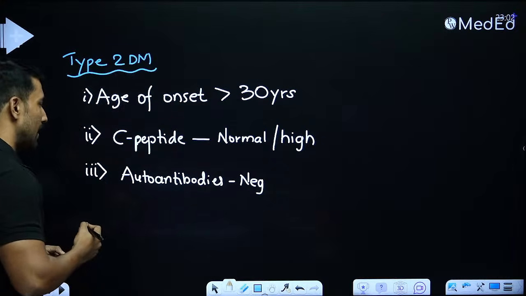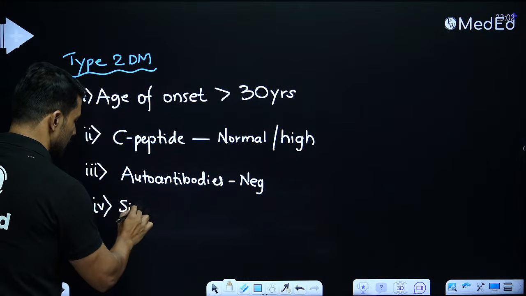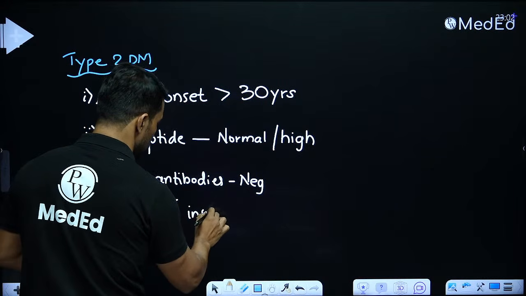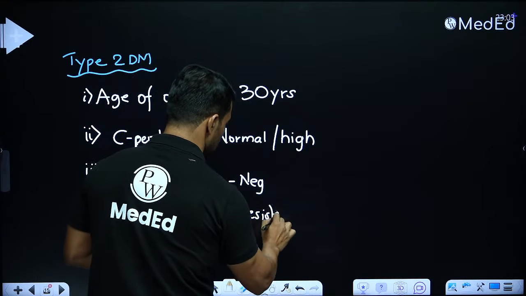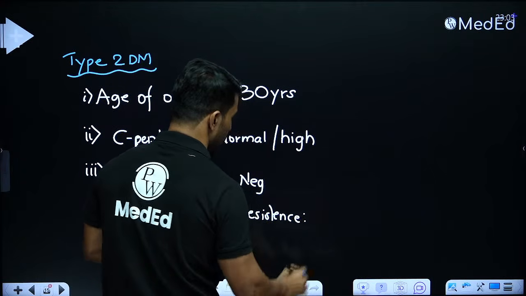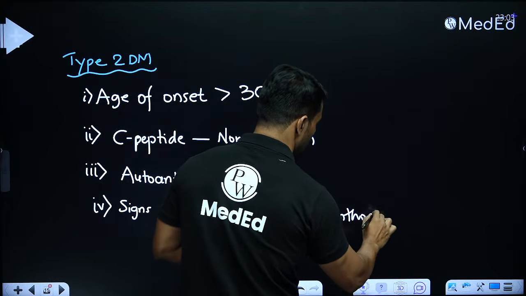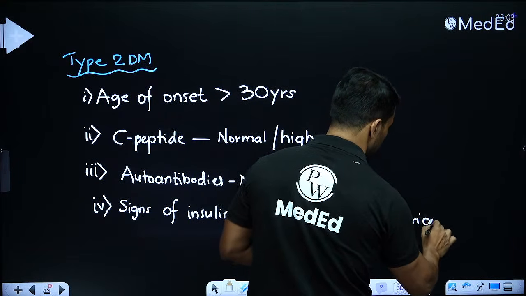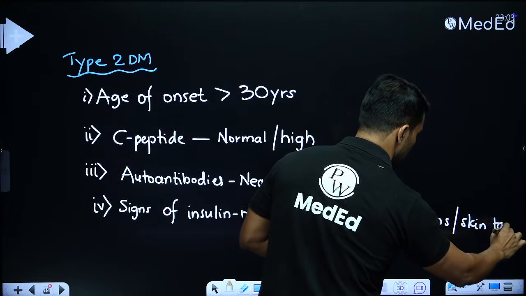They will be negative, but there may be presence of signs of insulin resistance. So what are the signs of insulin resistance? Mainly acanthosis nigricans and presence of skin tags.